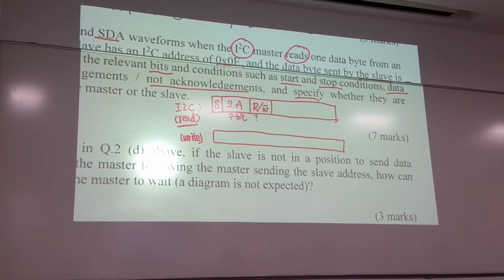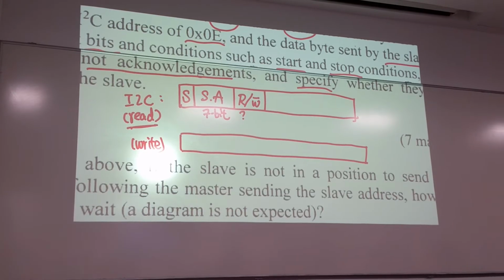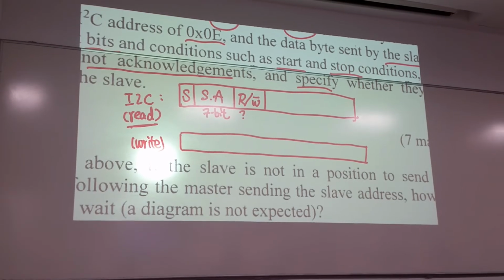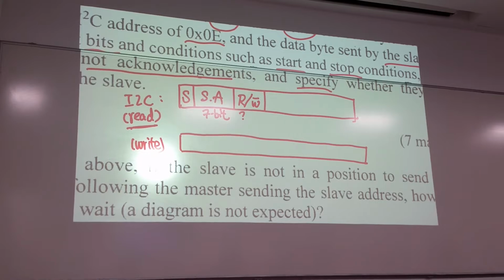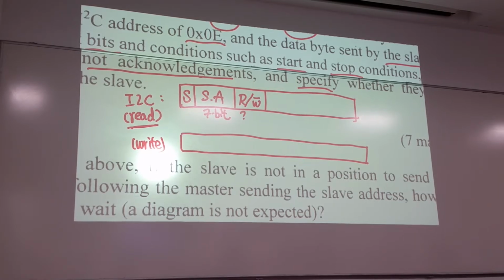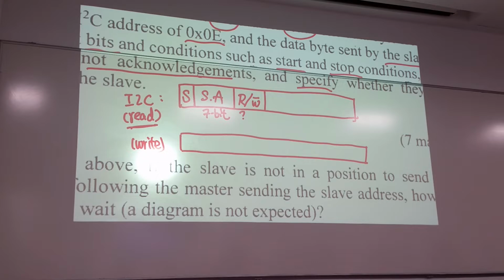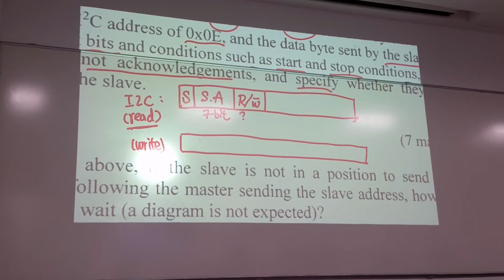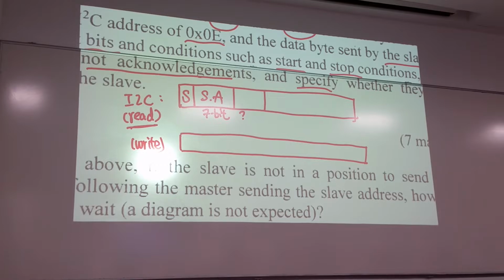You need to understand why people write it this way. If it's read, R is 1, so this bit is 1. If it's write, W is 1, so W bar is 0. So if it's read, it is 1; if it's write, it's 0. Here you want to read, that's why you have 1 here.